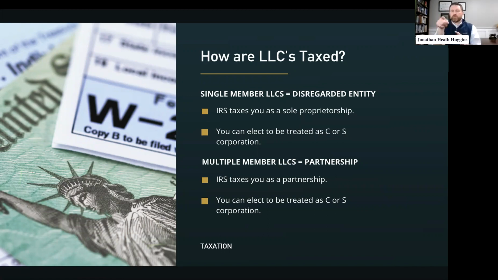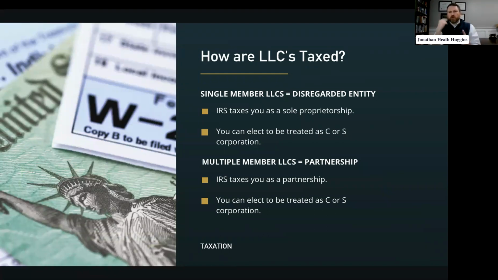Now the IRS will look at you as a sole proprietorship. You do have an option where you can elect to be treated as a C or an S corporation, and I will expand on that a little bit later.